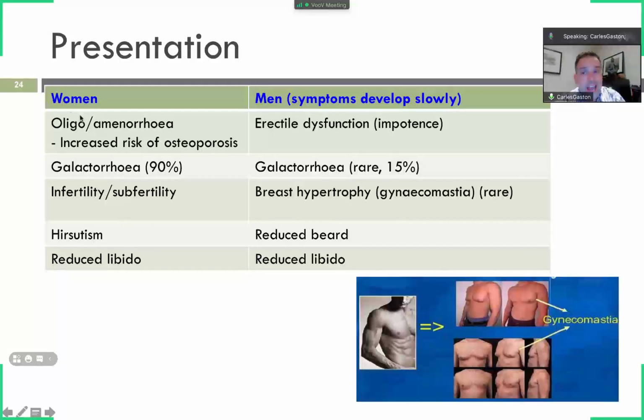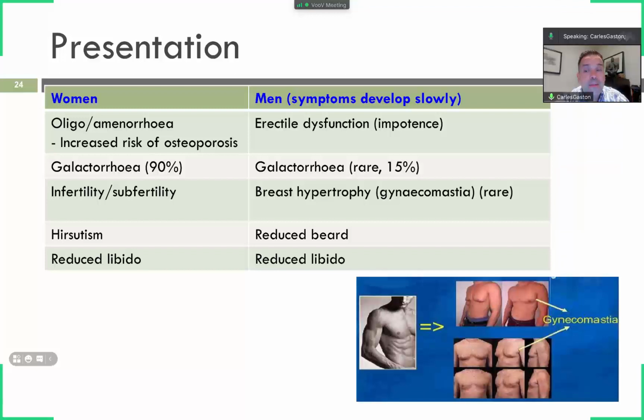In this case, hypersecretion of prolactin produces secondary amenorrhea, which means lack of periods. And if there is lack of periods, it leads to infertility. Now, increased prolactin and amenorrhea have a very severe effect on osteoporosis. That's why in the elderly, when the periods stop at menopause, there is an increase in osteoporosis after menopause.